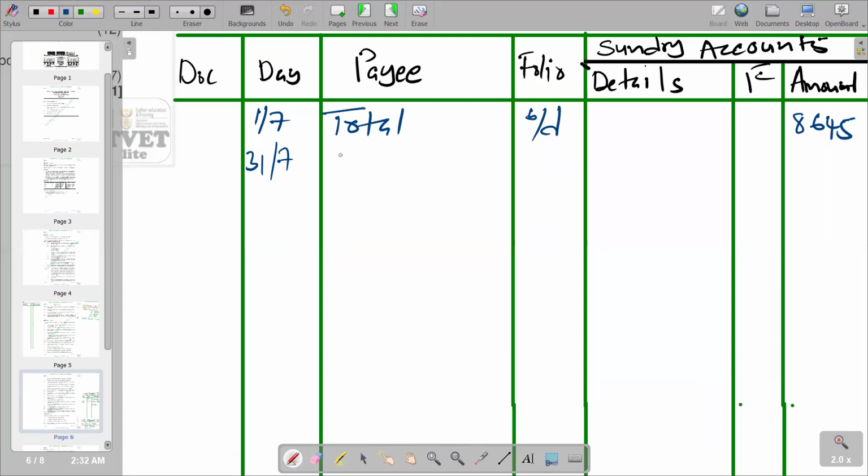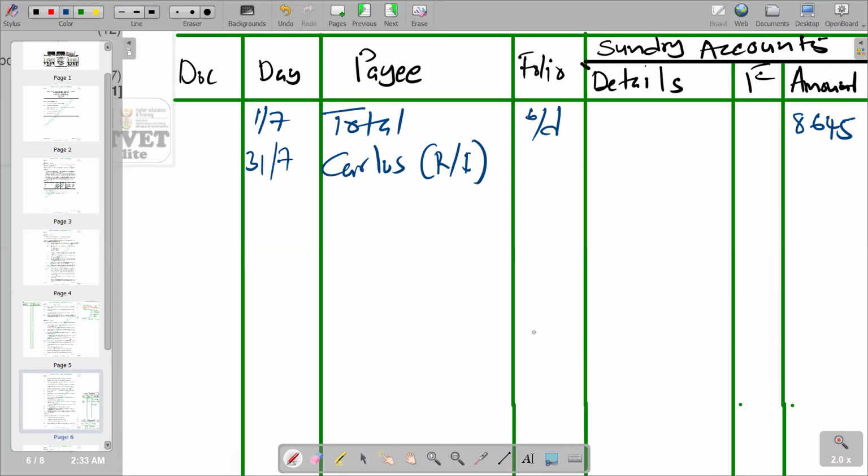And then we are saying we have got a check from Carlos, so we are saying Carlos, and in brackets, refer to drawer, so RD. And then on the sundry accounts, we have all the details. Remember, this is a check from a debtor that has been written off that we are removing in our books.